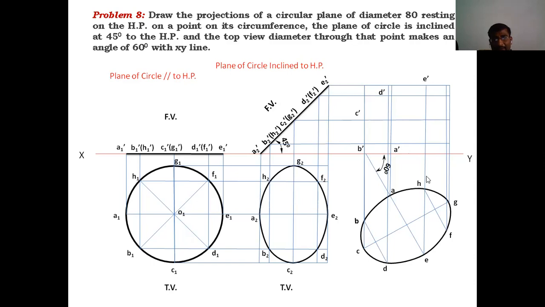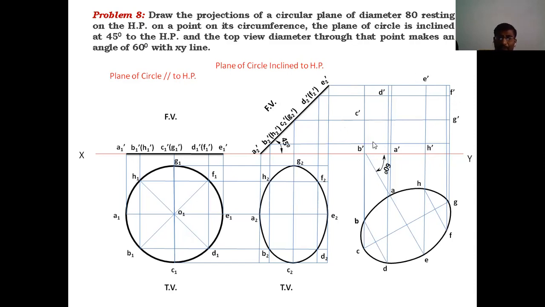E dash is the intersection of the E line and E2 dash line. F dash is the intersection of the F line and F2 dash line. G dash is the intersection of the G line and G2 dash line. And H dash is the intersection of the H line and H2 dash line. These are the points of intersection in the front view.